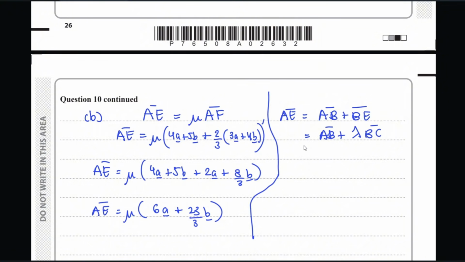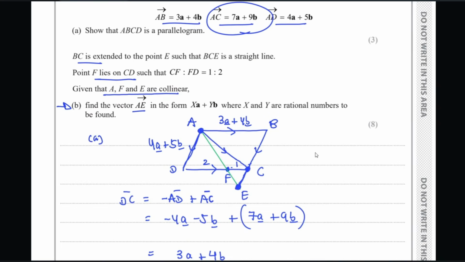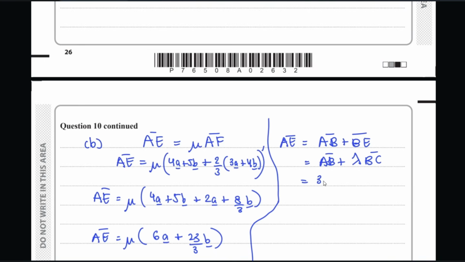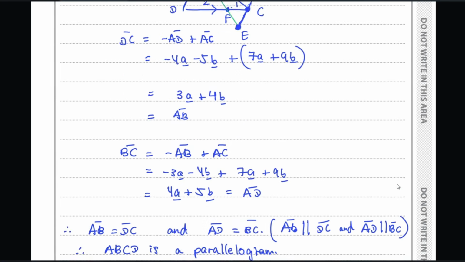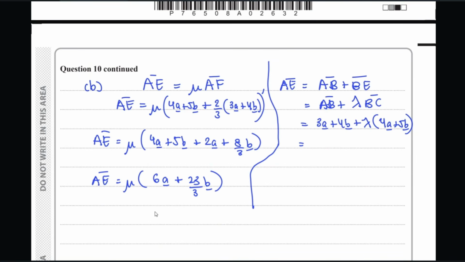Let's do the same with this equation. So vector AE is equal to AB plus lambda BC. What is AB? AB is 3A plus 4B. So 3A plus 4B plus lambda times, what is BC? BC is 4A plus 5B. I'll rewrite AE on the left-hand side.